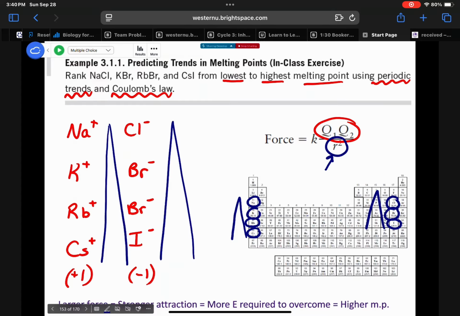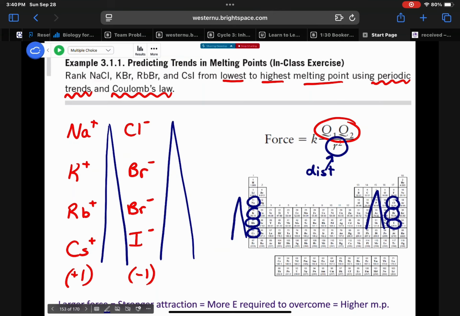R, the distance between these ions, kind of like the bond length, is inversely proportional to the force. Bigger distances between the nuclei means that the force is smaller. Smaller distances between the nuclei means the force is going to be stronger. So smaller ions have stronger bonds.